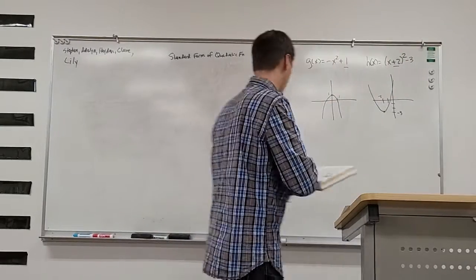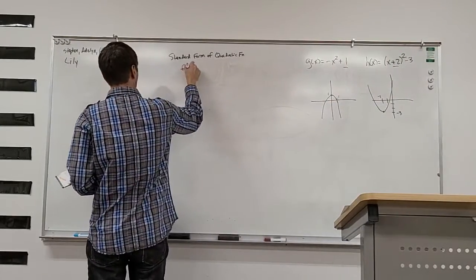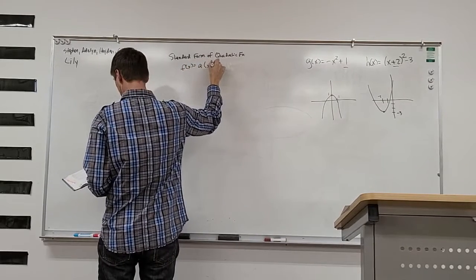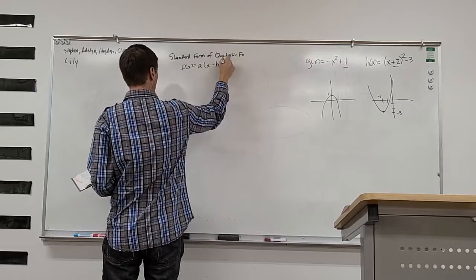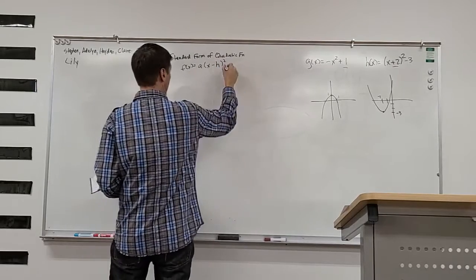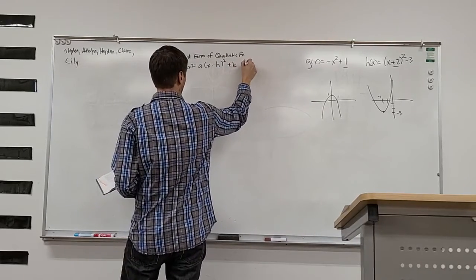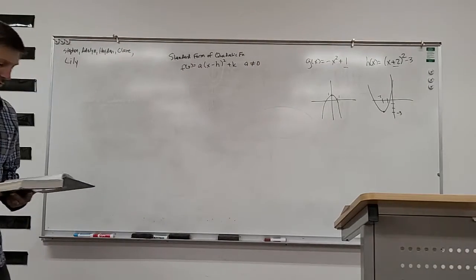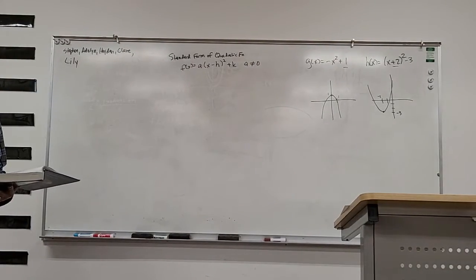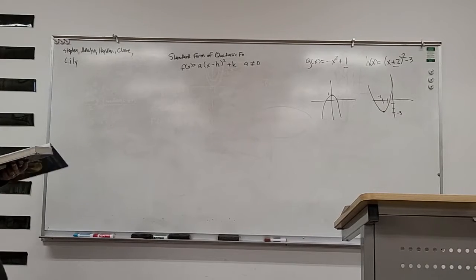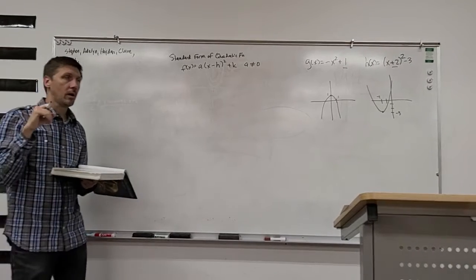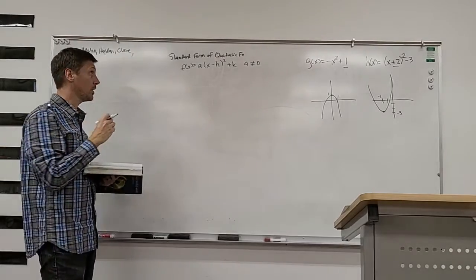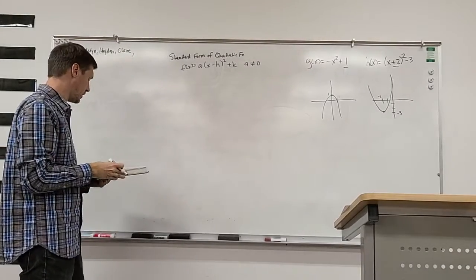It's f of x equals a(x minus h) squared plus k. Again, a cannot equal 0 because we've got to make sure we have that x squared term in there. And so if we have the quadratic function in standard form like this, there's a couple of things that we can figure out just from glancing at the equation.